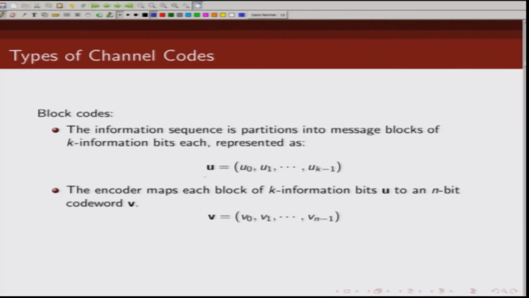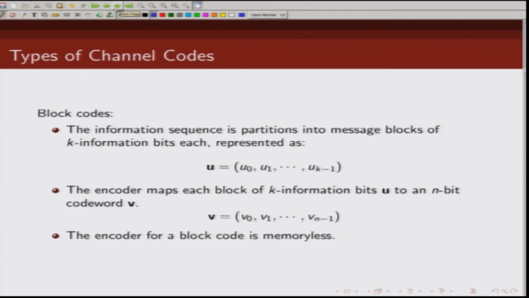We denote our information sequence by u, a k bit sequence u0, u1 to uk minus 1, and our encoder maps these k bits into an n bit sequence, which is denoted by v.